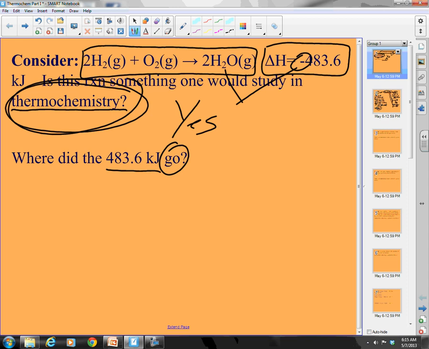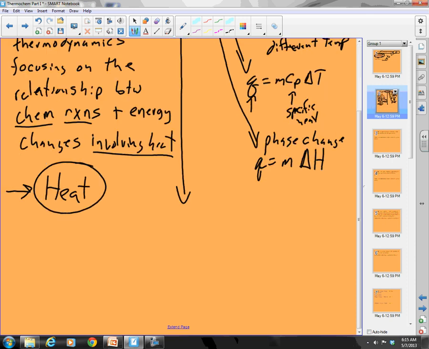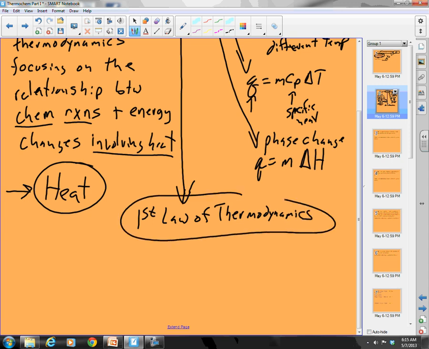Well, let's go back and add some more things to our discussion. One of the underlying concepts behind thermochemistry is something we call the first law of thermodynamics. This sounds scary, but it's really a piece of cake. Here's the first law, and you really know it.